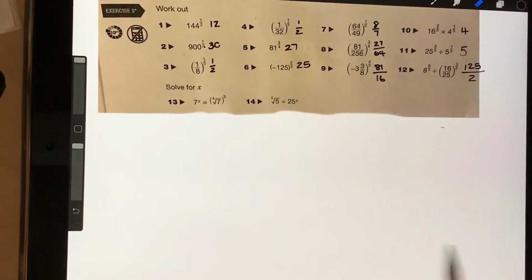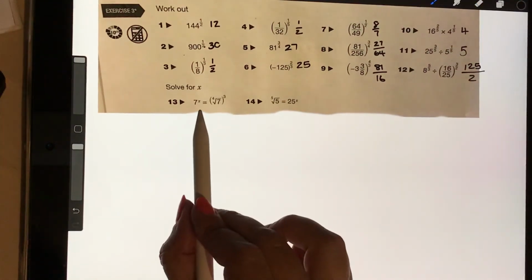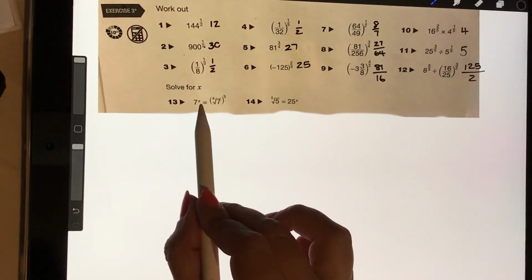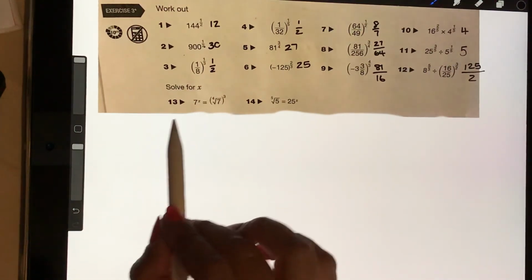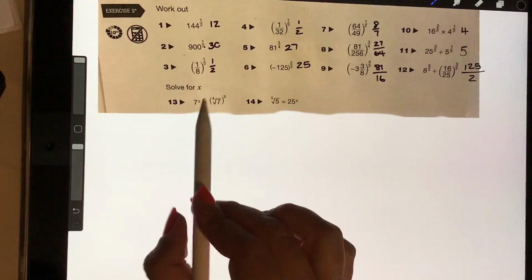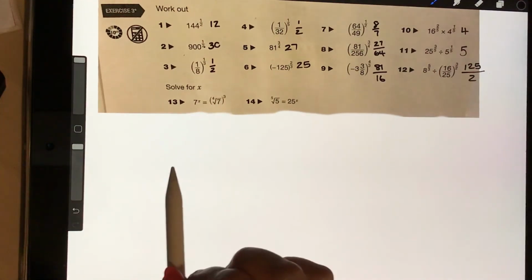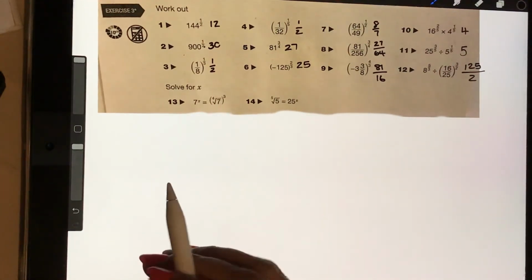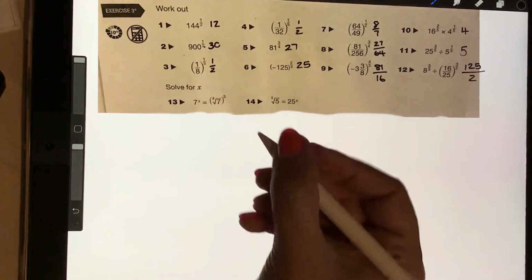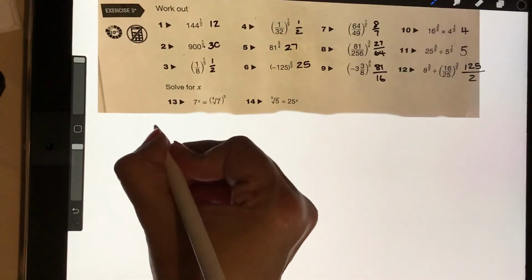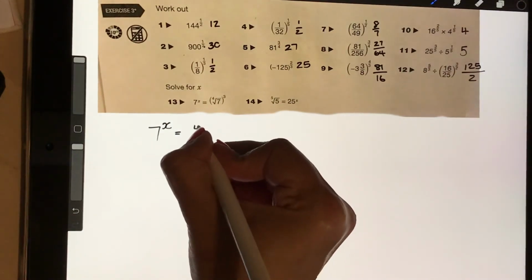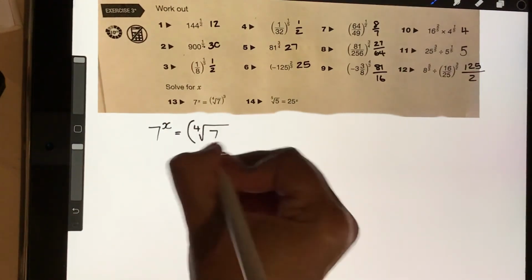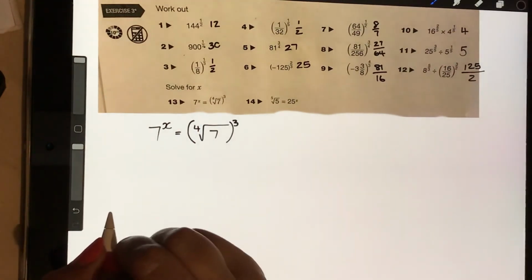For the last two questions, these are typical IGCSE exam questions where they want you to solve x by showing your working. Please do not attempt to use a calculator. Your only attempt should be to get the base numbers exactly the same so that you can kind of ignore them and then work on solving x. So we've got 7 to the power of x is equal to the fourth root of 7 raised to the power of 3.